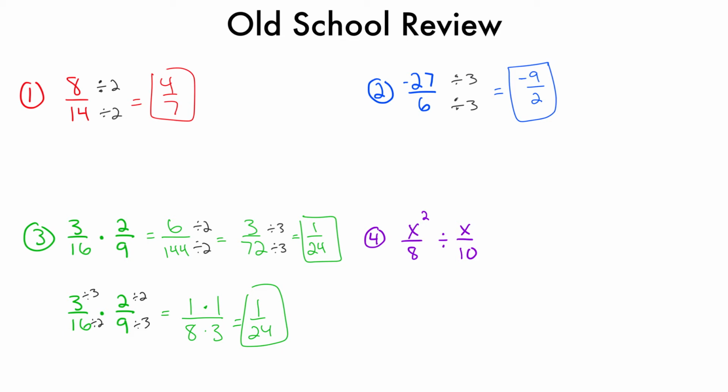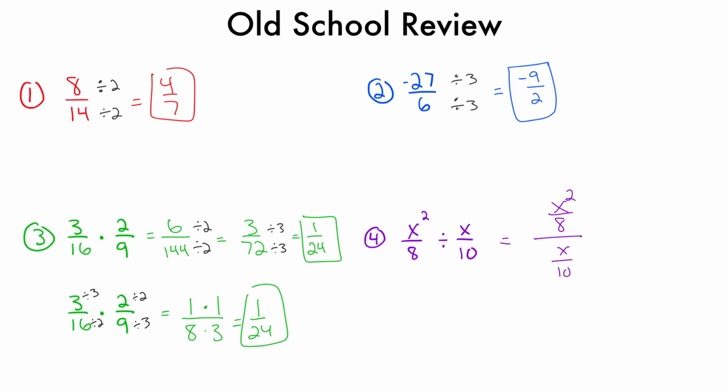Problem number 4. We have a fraction, x squared divided by 8, divided by another fraction. This could have also been written as the following. X squared over 8 over x over 10. I'm going to say something that's fancifully mathematics, but it's relatively simple to understand.